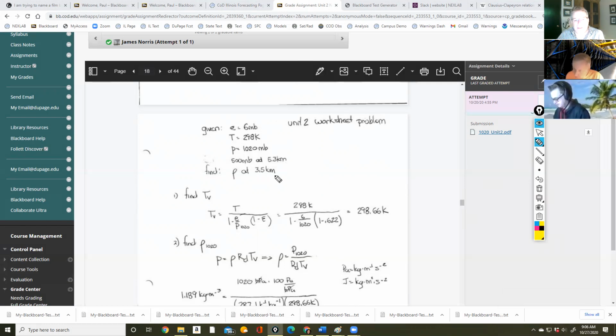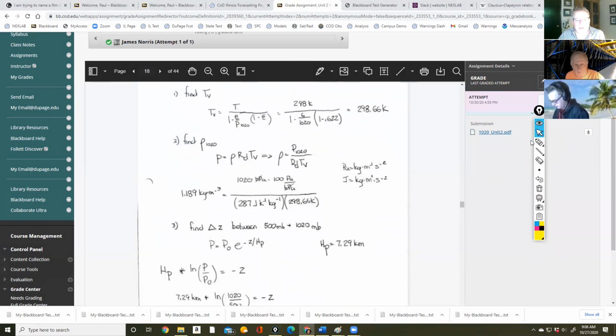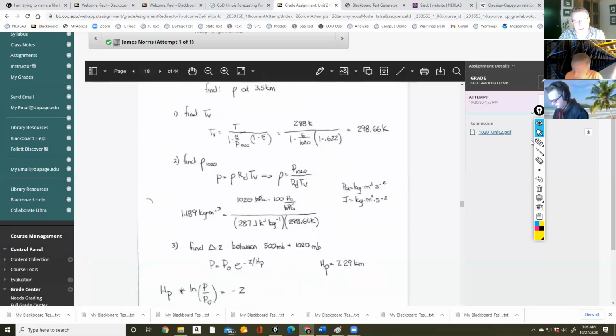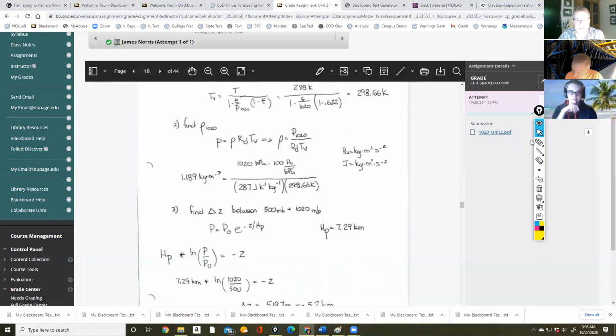You're given E and you're given P, so getting the virtual temperature is pretty straightforward. Then over here, you're finding the density at 1,020 millibars. We know the virtual temperature and the pressure, so we solve for the density. Okay, so we get 1.189.